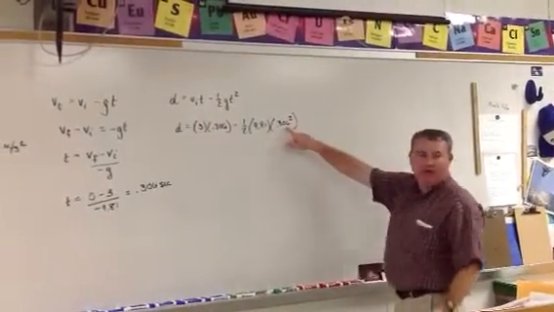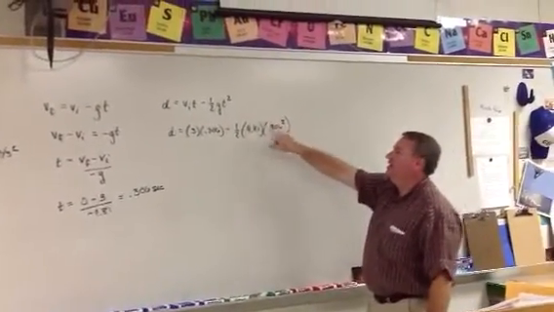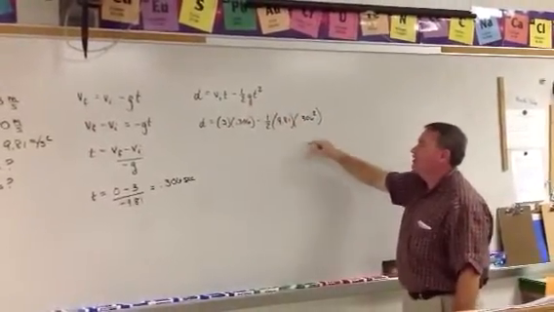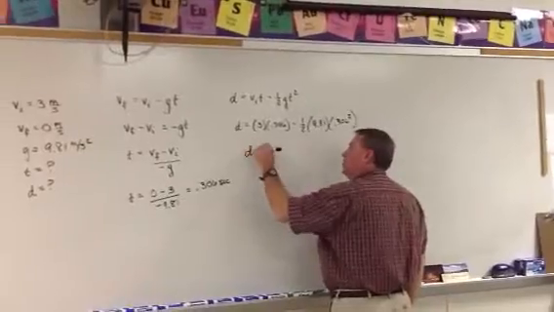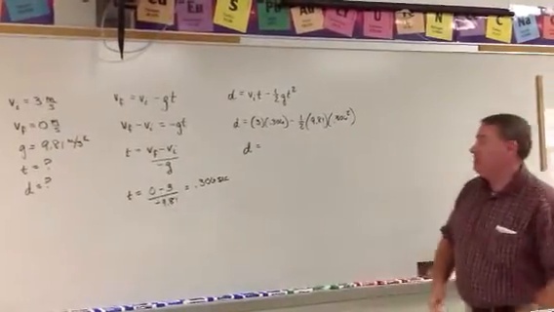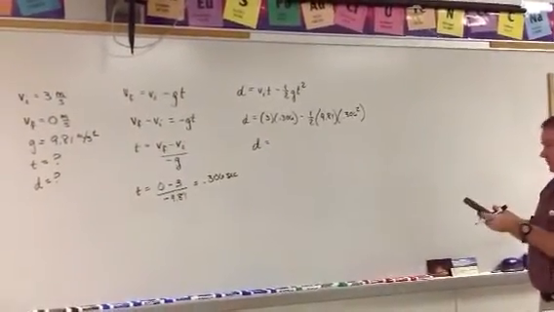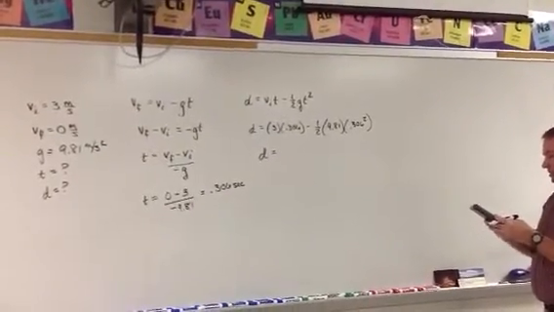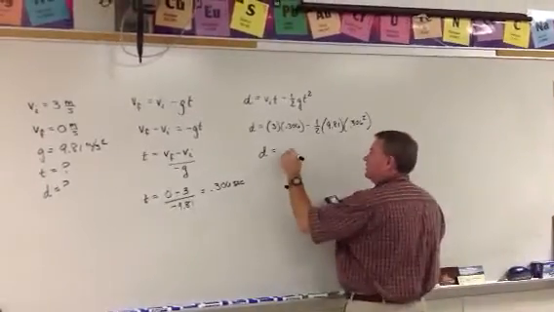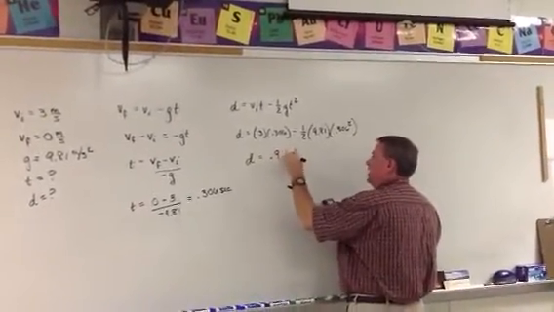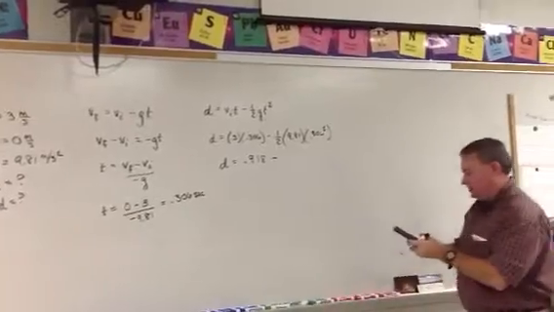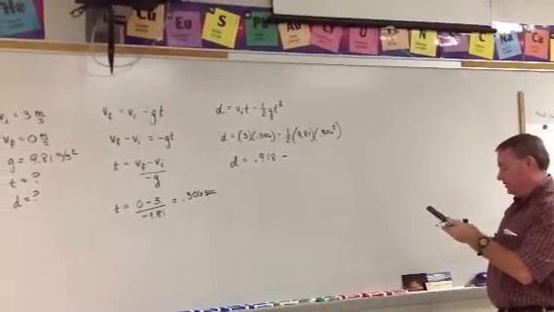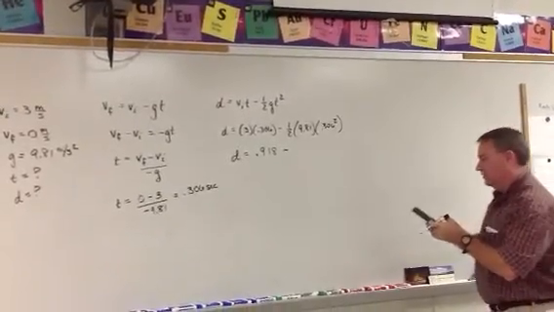Again, be careful of the squared here. Make sure that the time is the only thing that you actually square in this equation. We're going to solve this in the calculators one step at a time. So 3 times 0.306 is 0.918 minus 0.5 times 9.81 times 0.306 squared.